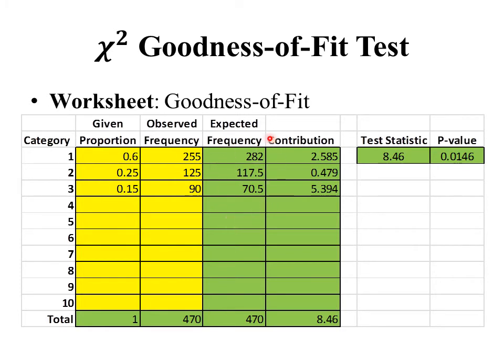Next, the workbook calculates these so-called expected frequencies. And to get this expected frequency of 282, all it did was take this total of 470 times this given proportion of 0.6. To get this number 117, it took the 470 times 0.25, and likewise for the 70.